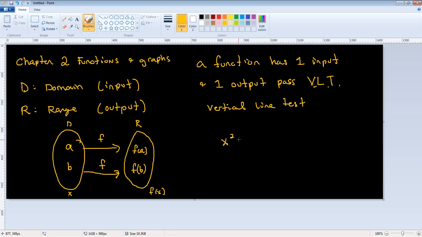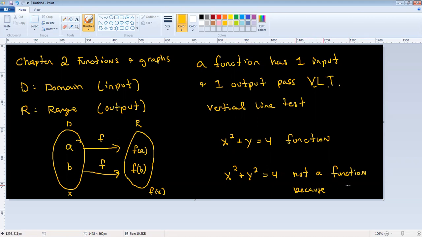What about something like this? If I have x squared plus y is equal to 4, is this a function? Yes, this is a function. What about x squared plus y squared is equal to 4? Is this a function? This is not a function because it's a circle.